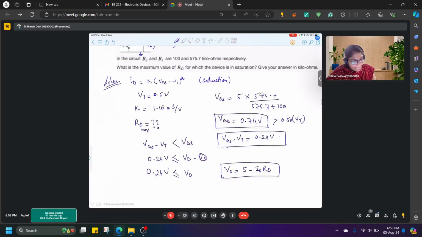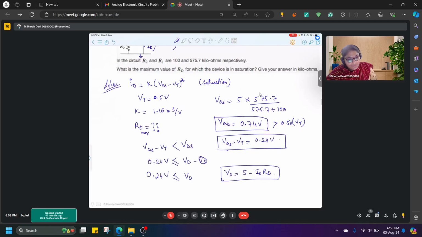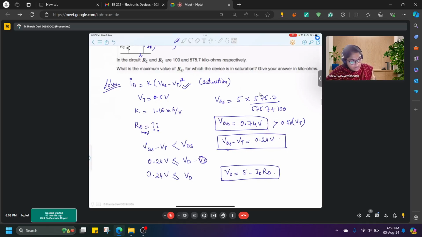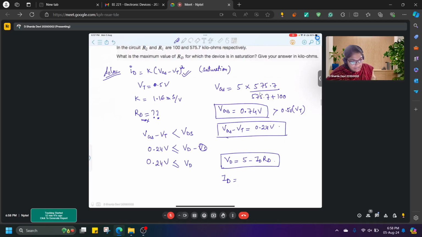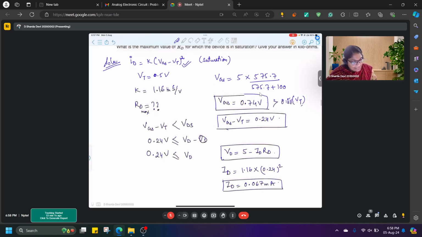So ID we can find from this formula. ID is 1.16 into 0.24 square. So the ID will be 0.067 milliampere. So this is ID.